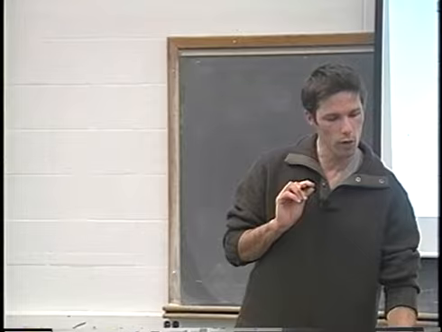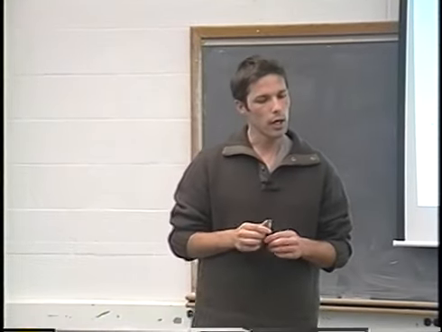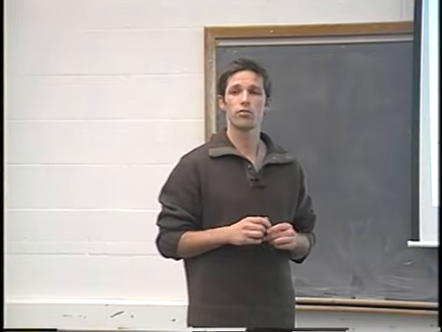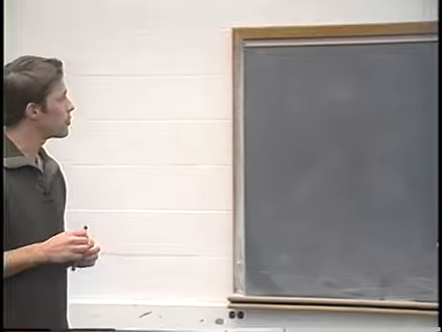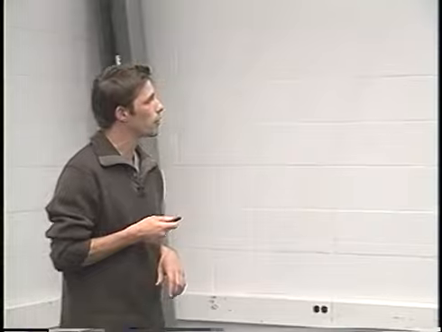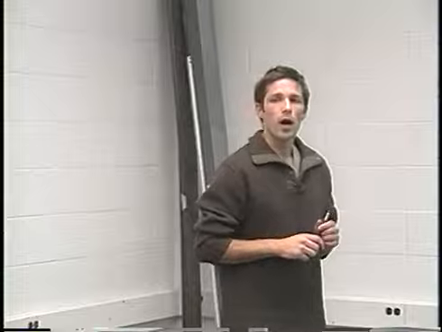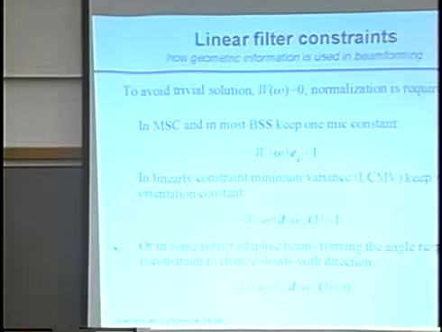And so then we ask ourselves, how does geometry usually get included in regular or traditional beamforming algorithms? What people do sometimes, for example, in an algorithm called linearly constrained minimum variance, is to say, I know my user is here, so I'm going to enforce a constant response in this direction.